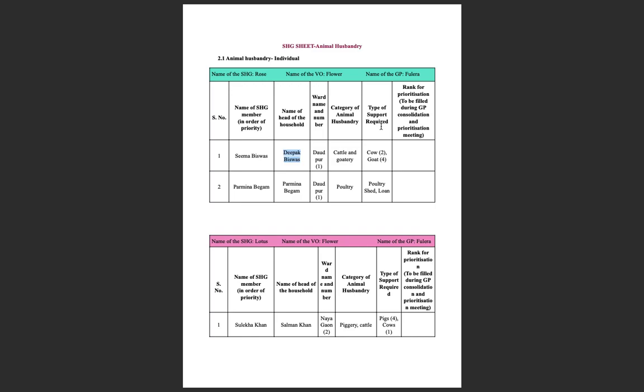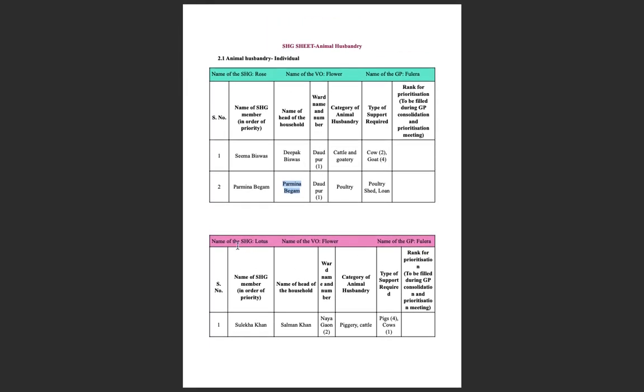So the type of support, they want 2 cows and 4 goats. Again, Parmeena Begum, who is herself the head of the household, who also lives in Daudpur, wants to do poultry, and the support she requires is a poultry shed and loan. As it is a SHG level sheet, the rank column has to be kept blank.